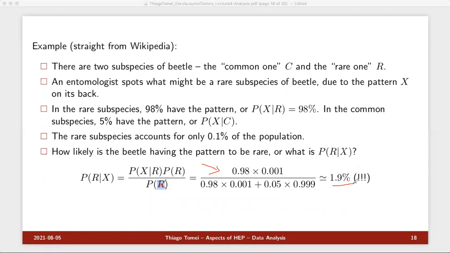In statistics circles, this is known as the base rate fallacy. And the idea is that there are so many more common beetles that even though the pattern is overwhelmingly more common on the backs of the rare beetles, just because there are many more common beetles, chances are that what you have in your hand is a common beetle.